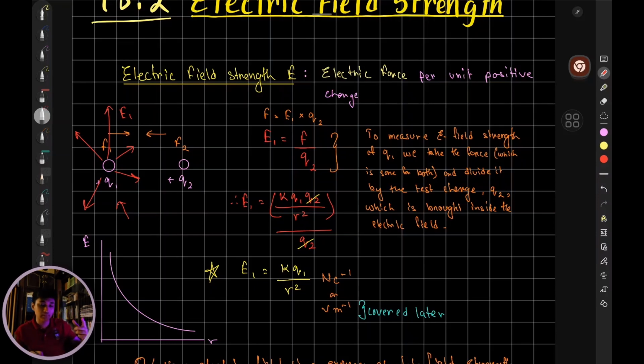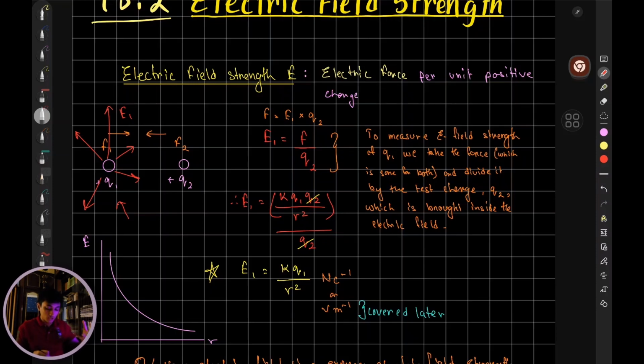To measure it, we keep the electric field of Q1 and introduce a test positive charge. This is your test positive charge. Using this, you're going to test the electric field strength of Q1. How do you do that? You bring in the Q2 charged particle and bring it into the vicinity of Q1.